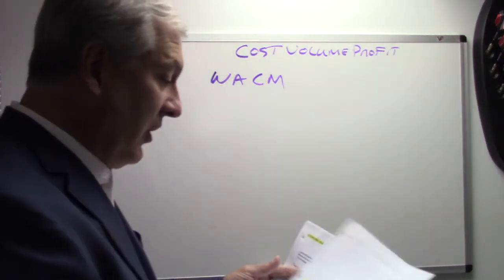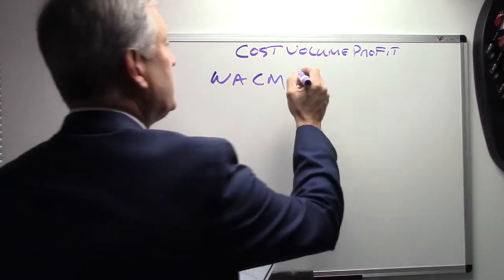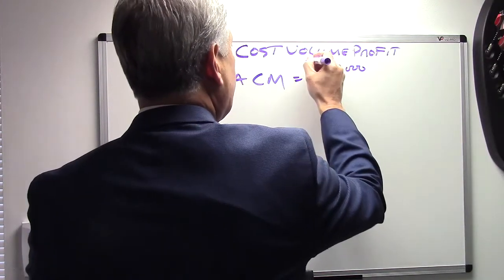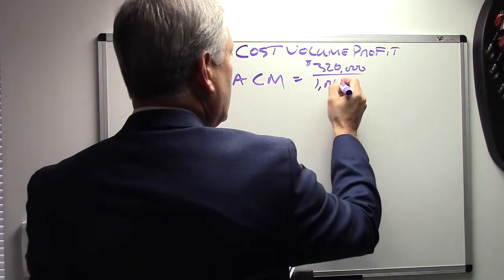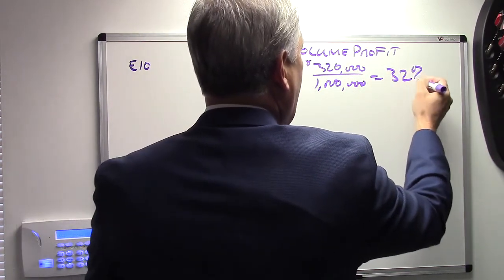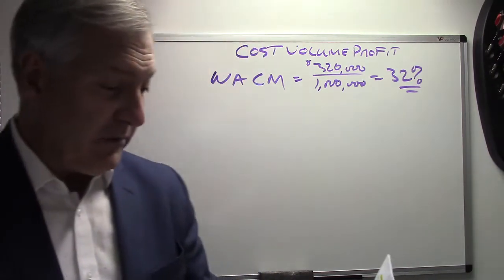That's where you take the total contribution margin, the combined contribution margin of $320,000, and divide it by the total sales of $1 million. So they have a weighted average contribution margin of 32%.